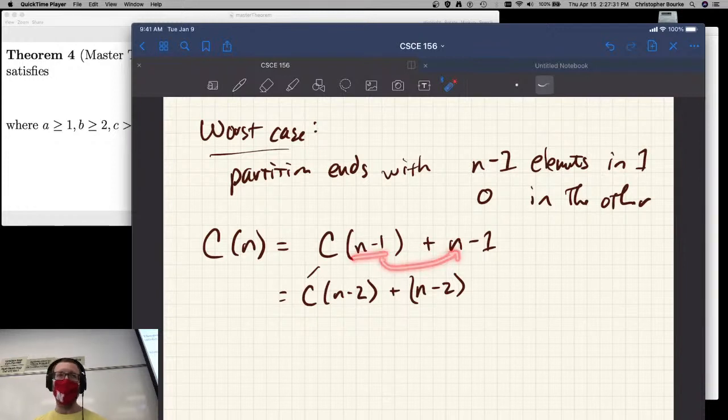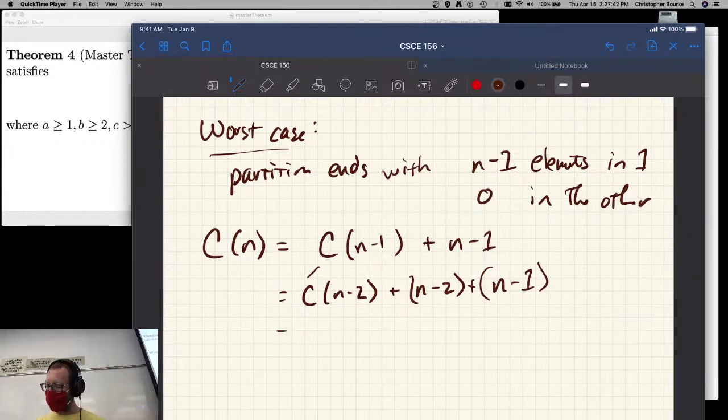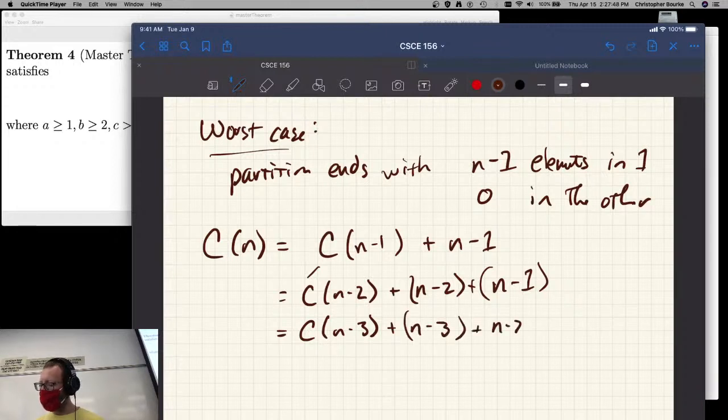Don't lose the original. Do that again. What do you get? C sub n minus 3 plus n minus 3 plus n minus 2 plus n minus 1.